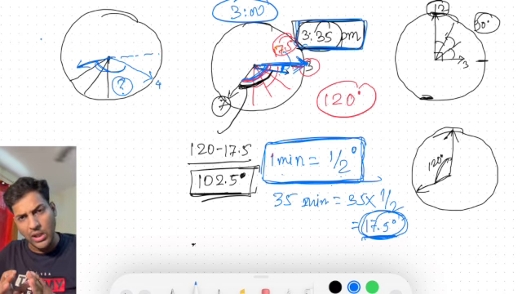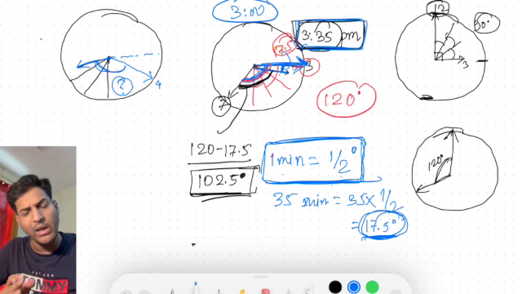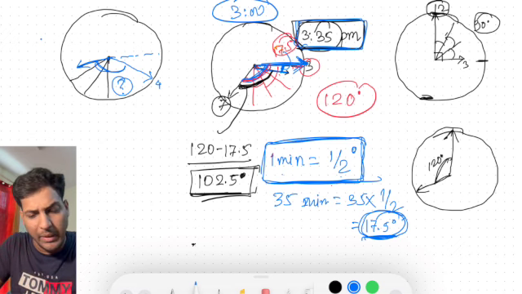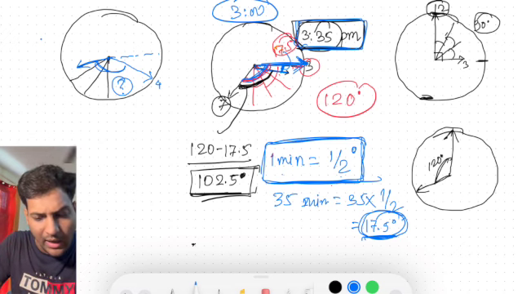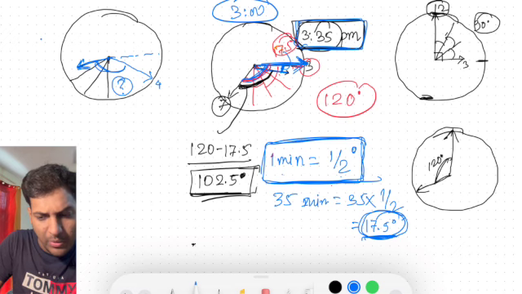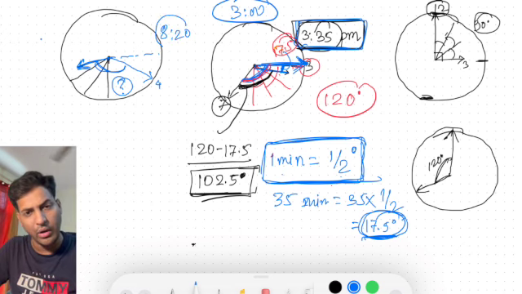Can all of you pause the video and try yourself: what should be the angle between the minute hand and hour hand at 8:20? Then I will also explain how you can calculate the angle between these two hands.